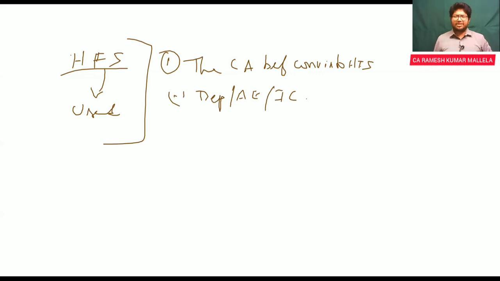That number you take. That means think as if no reclassification from normal PPE to held for sale has happened. In such a case, whatever depreciation you would have charged, charge all that and then bring it to book value.